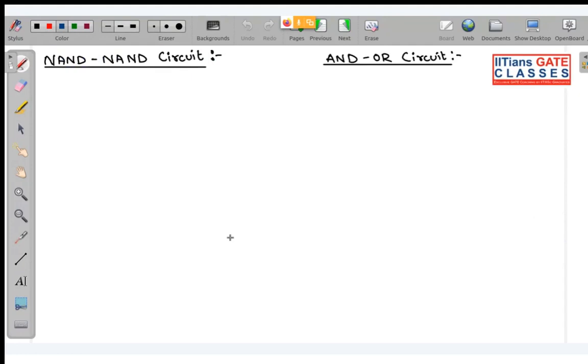So the next is what? We have the NAND circuit. What is this NAND circuit? Look very carefully. We have already seen the Boolean expression for this one.